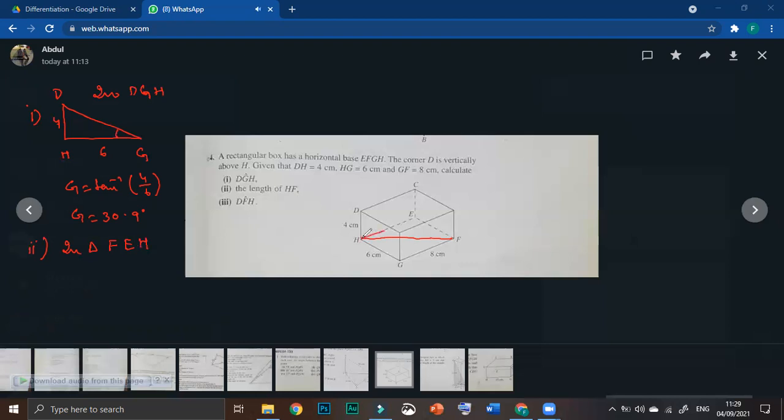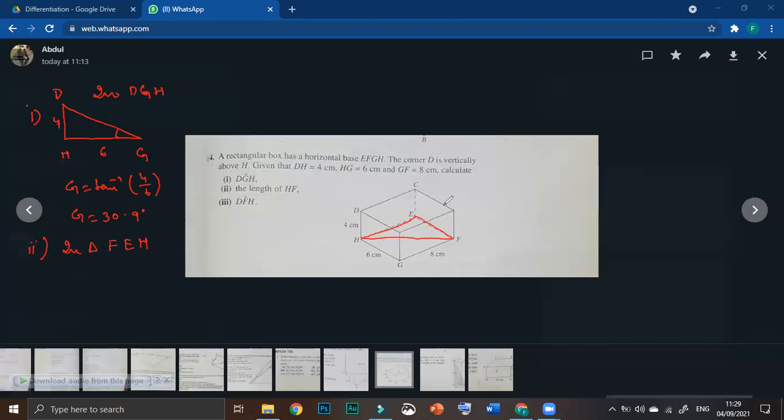Any question? No, sir. We will use it. Which angle is 90 degree in actual in this triangle?